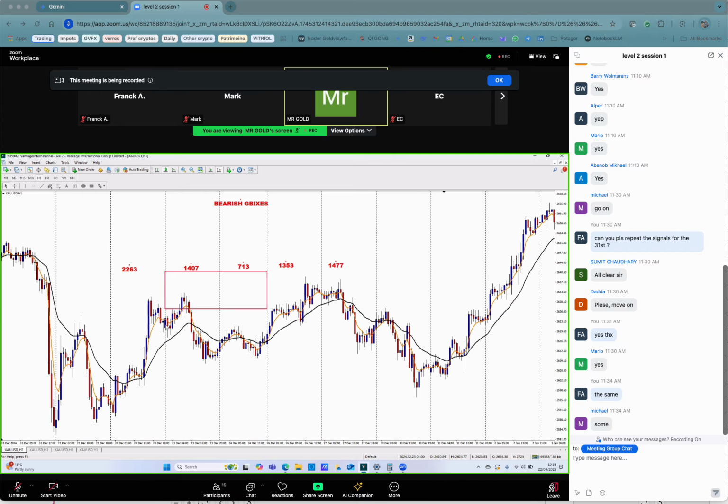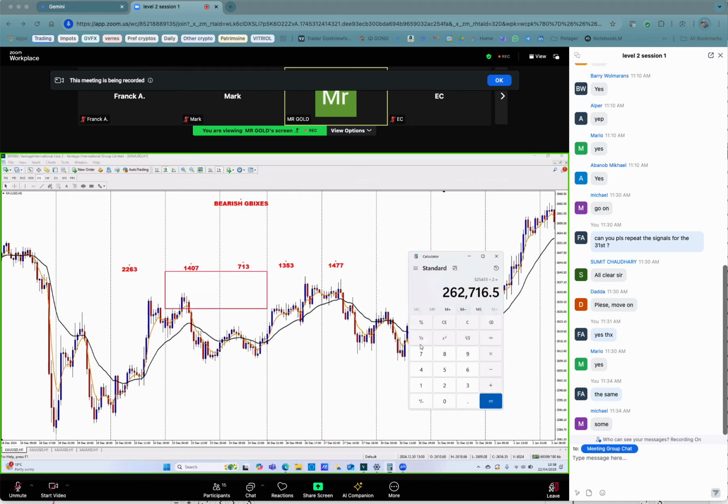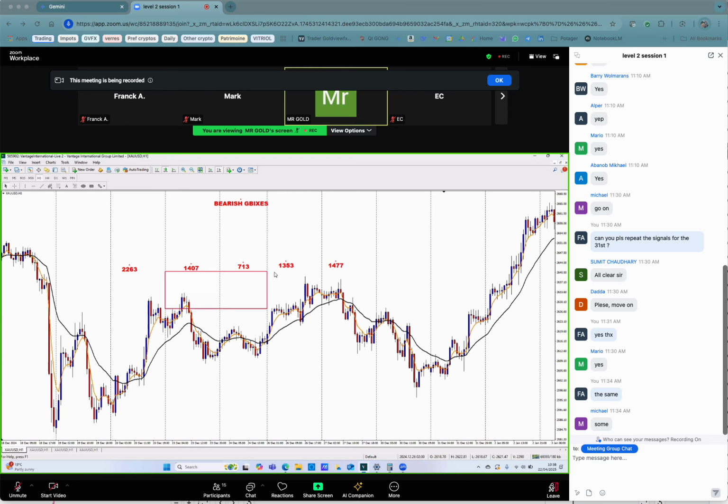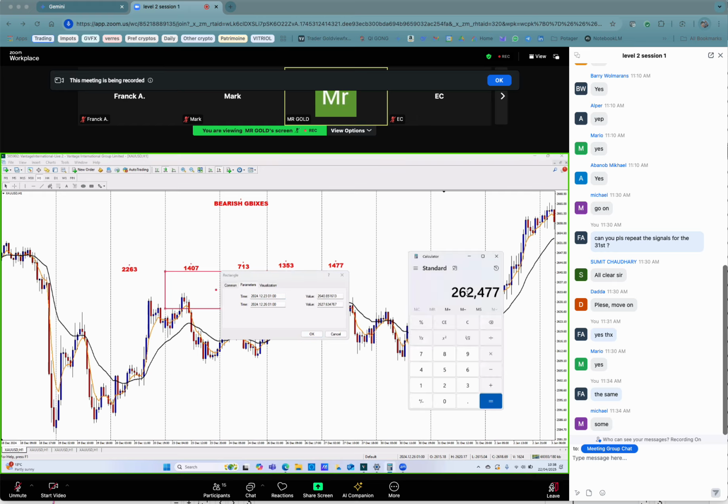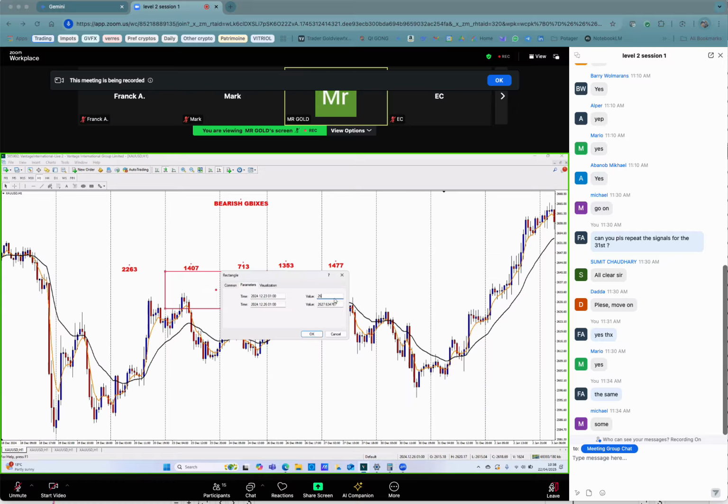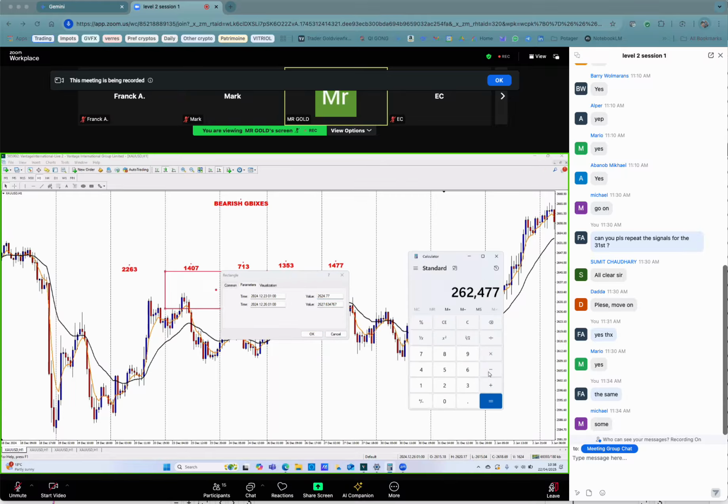So if I hover on this candle and I get the high value, it's 2624.77. Get my calculator. So I'll get my box, rectangle properties, and this time on the top box, not on the bottom box, I'll put that value, which was 2624.77. And now on the calculator, I'll do minus.